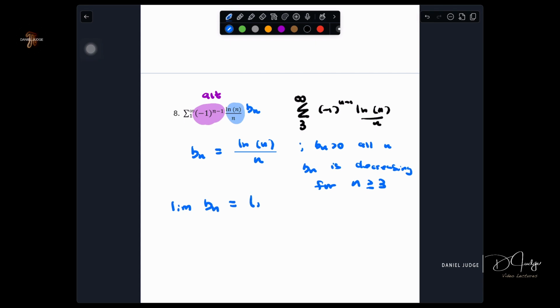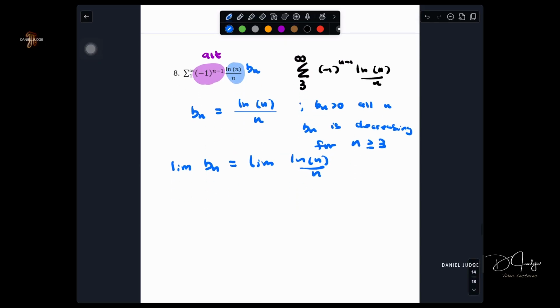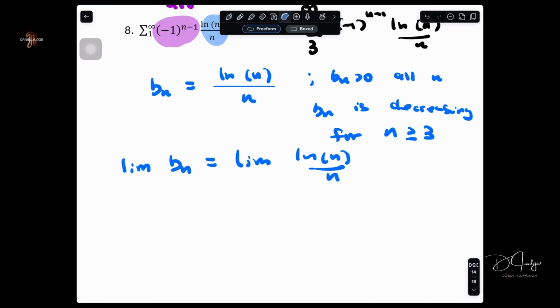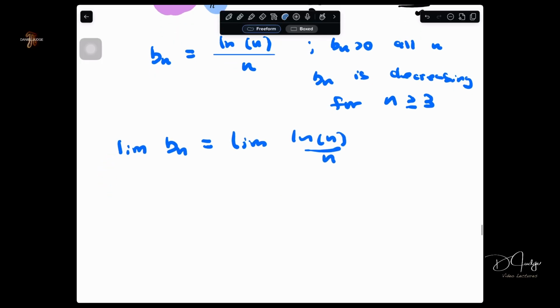Now, the limit of Bn is going to be the limit of the natural log of n over n now. Okay, so n goes to infinity. That means we get infinity over infinity. So we're going to have to consider this as a function.